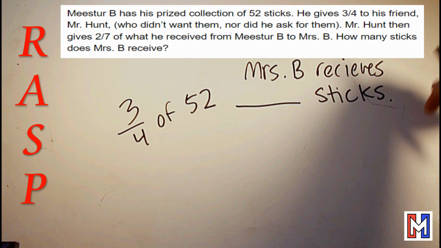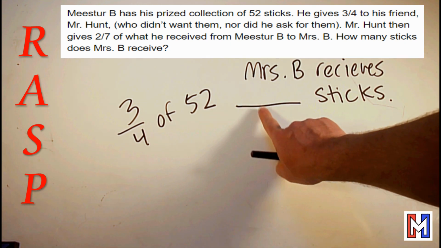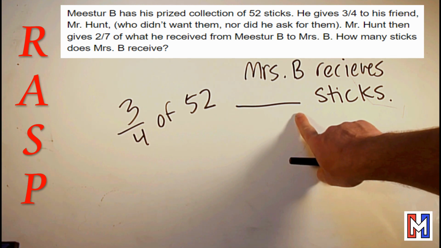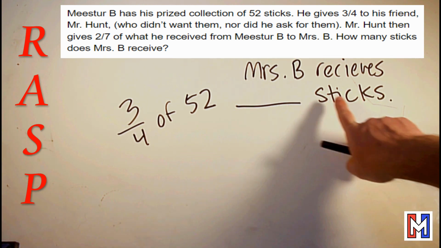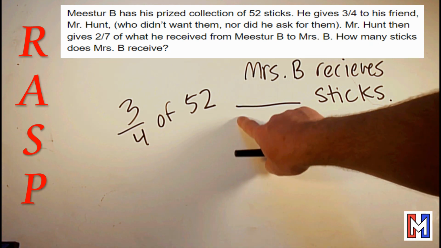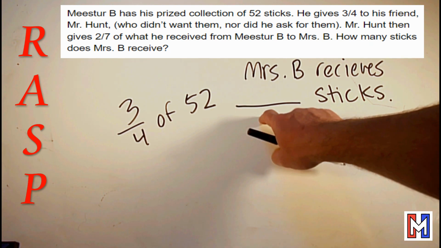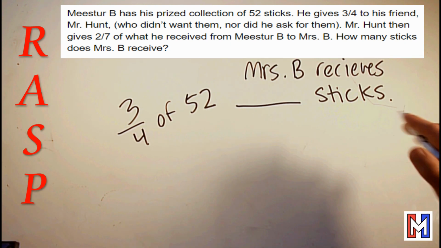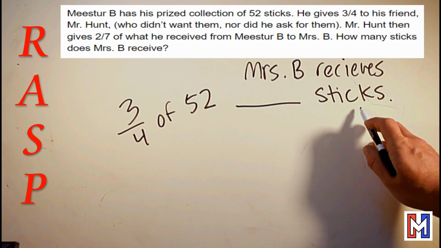Now, what's the unit in this? What is this thing? Well, whatever this number is here, it's talking about the number of sticks. So sticks are our unit. That's what this number is talking about. 52 what, or whatever the number is, okay? So now we have our answer sentence with the unit.